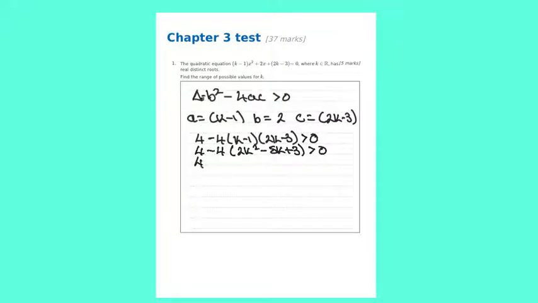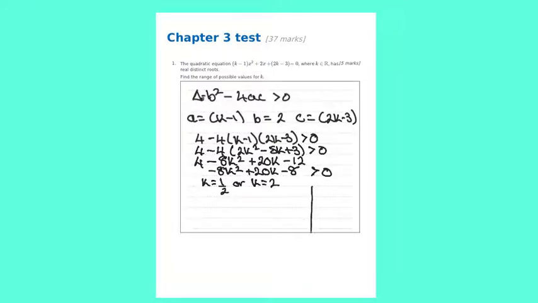So you get 4 minus 8k squared plus 20k minus 12, which you get minus 8k squared plus 20k minus 8, has got to be greater than 0. Solve the quadratic, you get k is equal to a half, or k equals 2.